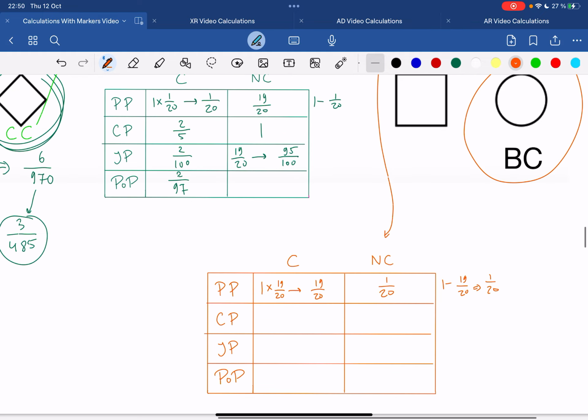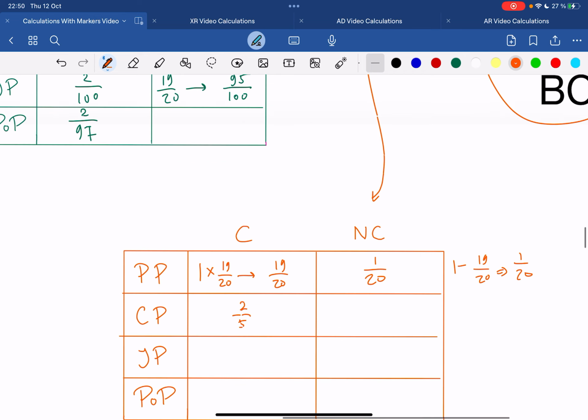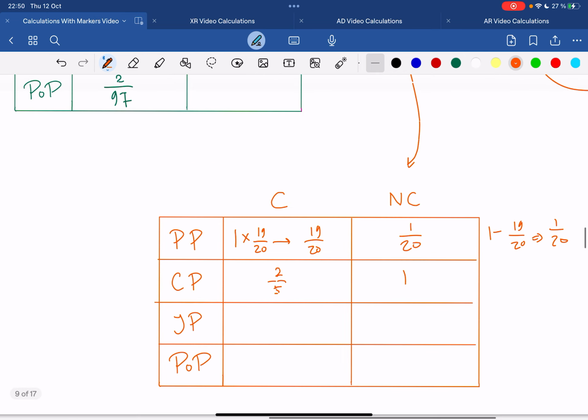Conditional probability is same as always, which is 40% or 2 over 5. Here it's 1. And then the joint is 38 over 100 here. And then on this side, it's 1 in 20, but we can rewrite it as 5 over 100.